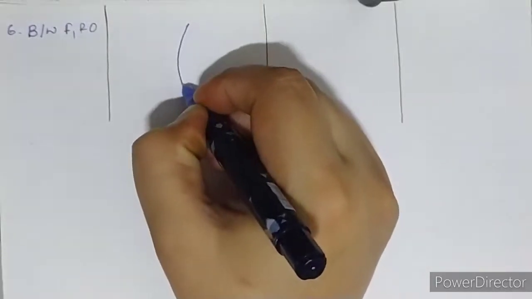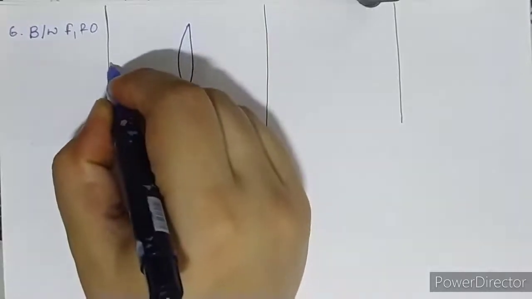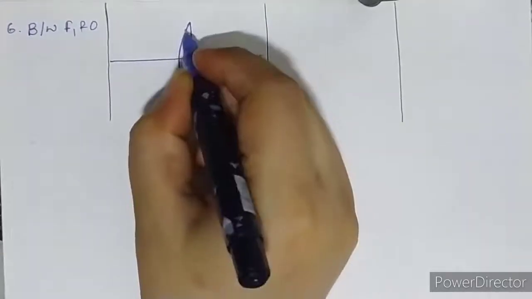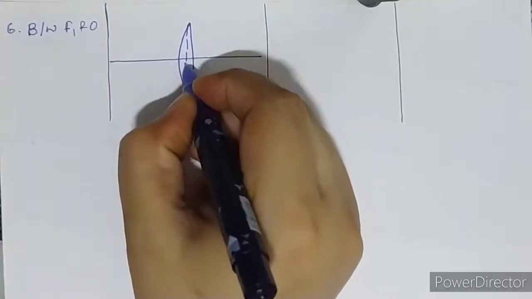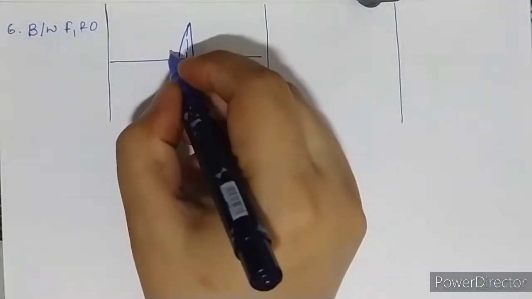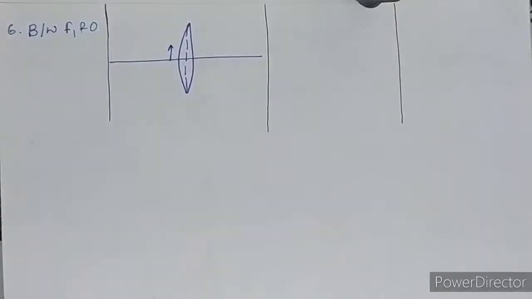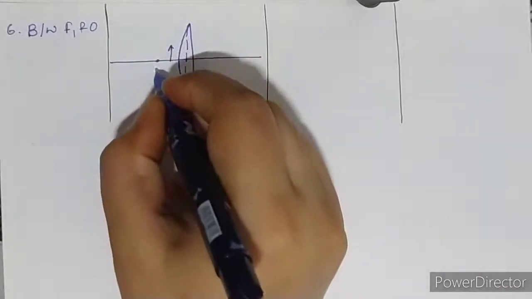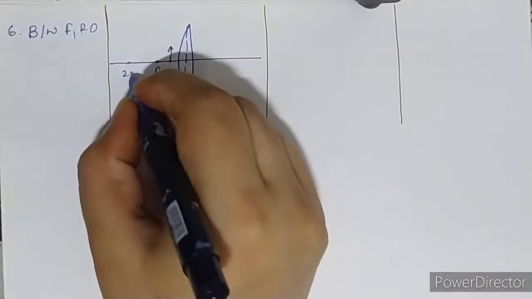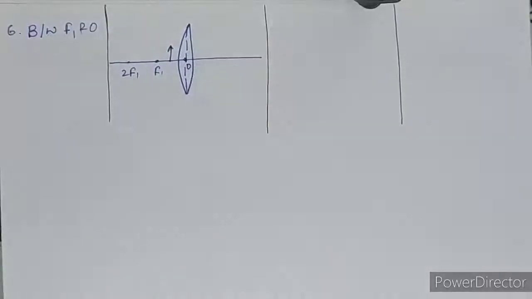Here is your convex lens, this is your principal axis, and the separation. Now the object is between focus and 2f1, and here is the optical center.